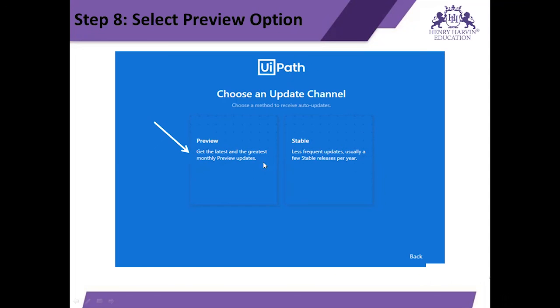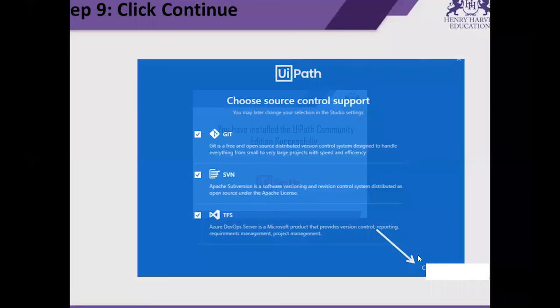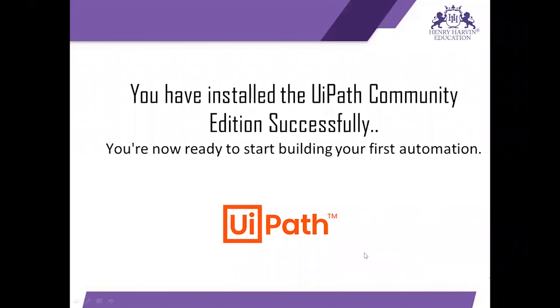The preview option gets automatic updates so that you can get new features while using this tool. Once you click preview, this screen will come where you say continue. Once you say continue, you are ready with the installation, and after that you can start using UiPath.